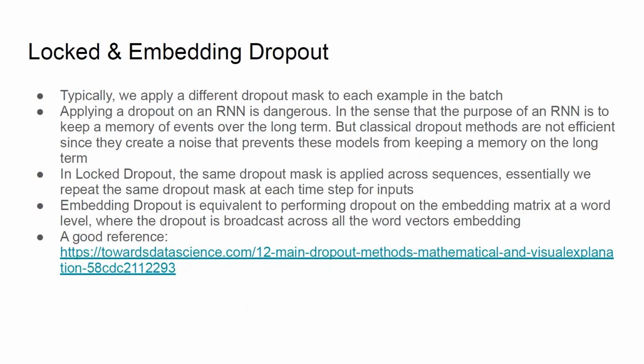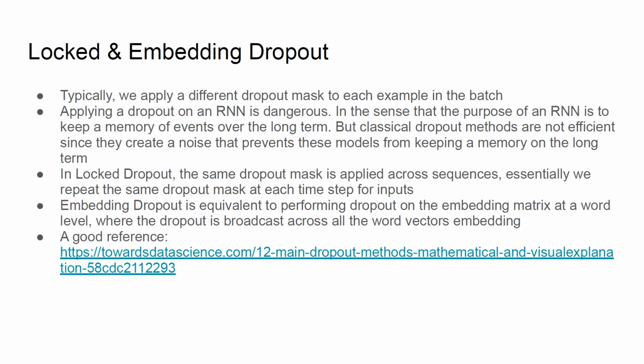You can also apply locked and embedding dropout to the homework. Typically, we apply a different dropout mask to each example in a batch. However, applying dropout on an RNN is dangerous, in the sense that the purpose of an RNN is to keep a memory of events over the long term. Classical dropout methods are not efficient since they create noise that prevents these models from keeping a memory over the long term.